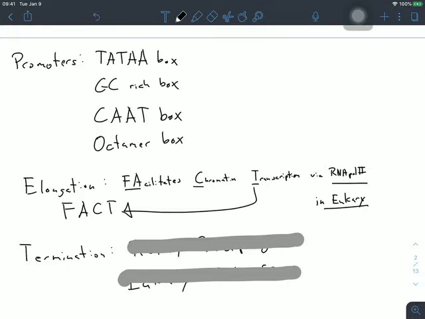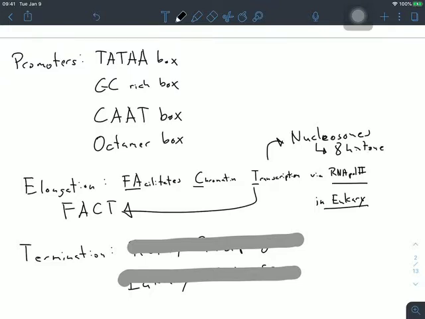FACT itself is actually cleaning up the upstream portions of our DNA. Because you might remember that DNA or chromatin is organized into nucleosomes, which themselves are 8 histone structures.